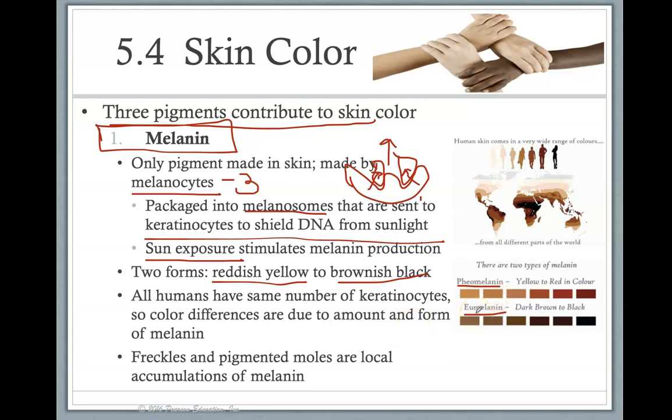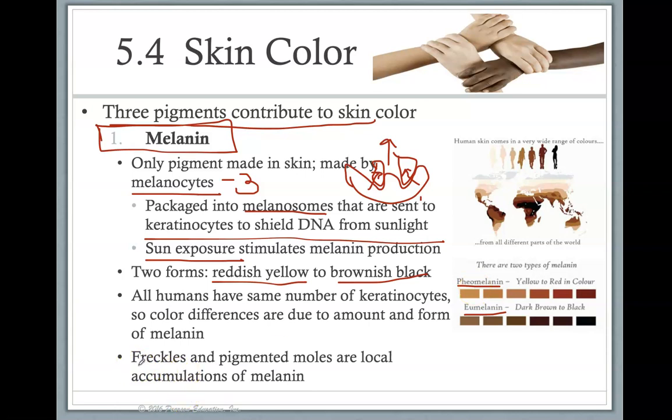So again, that's what forms the different skin coloration, okay? And so I always think it's really interesting to see that we all have the same number of melanocytes. It's just that some people produce more melanin than others, and some people produce more eumelanin, some people produce more pheomelanin. So for example, if you have red hair and those kind of reddish freckles, you produce more pheomelanin, okay? So again, just kind of interesting.